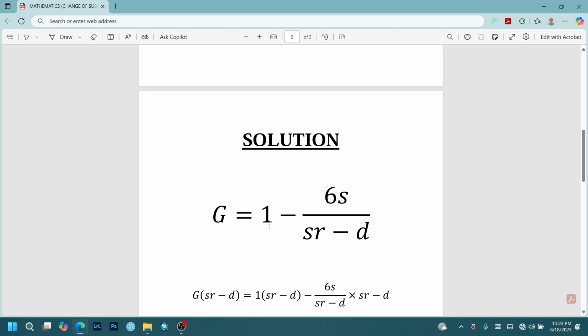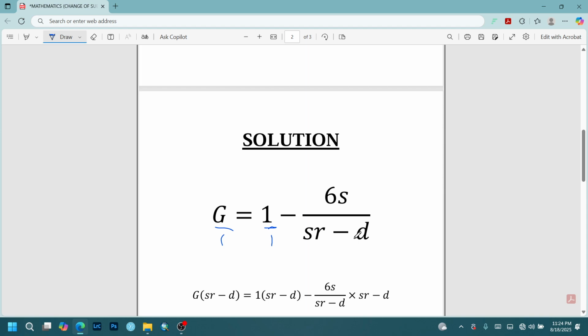So this one here has an invisible one. That's an invisible one here. This J also has an invisible one, right? So it is only SR minus D that can go through each of the denominators, the variables within each of the denominators here.